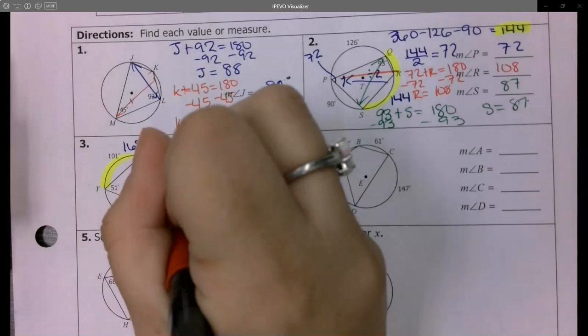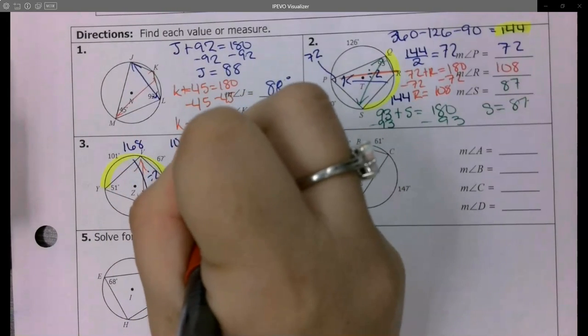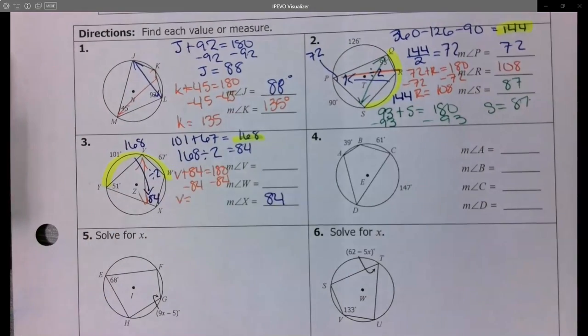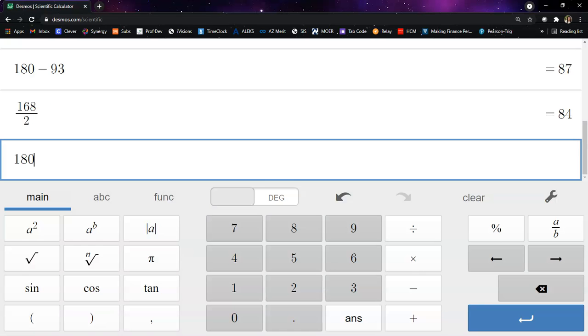Then I want to go ahead and subtract 84 on both sides. So I can go ahead and type that into Desmos, which gets me 96 for v.